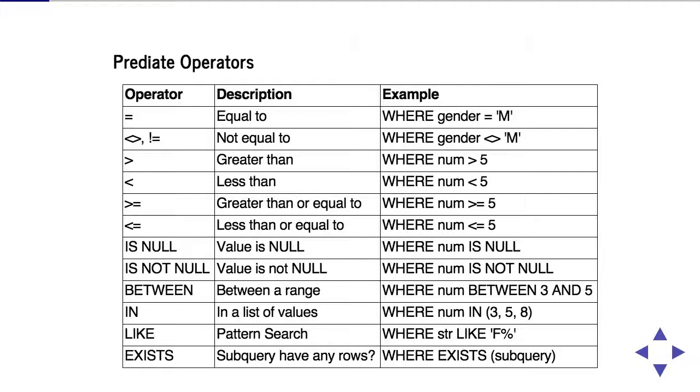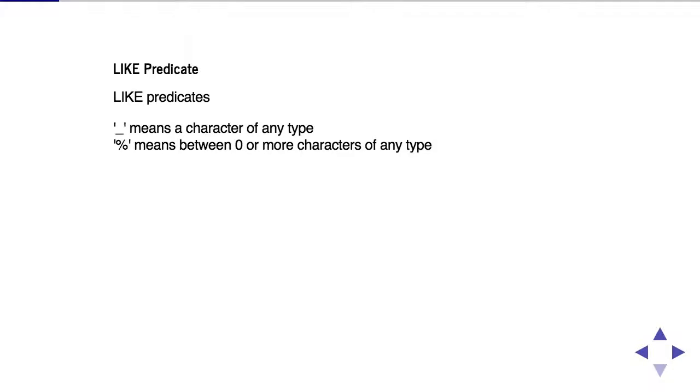We could also check if something is like some search, which is very much like globbing, but doesn't have the same rules. It searches for something like this expression. We also have exists, where we could do a subquery and check to see if that query returns anything, and if it doesn't, then we just filter it out.